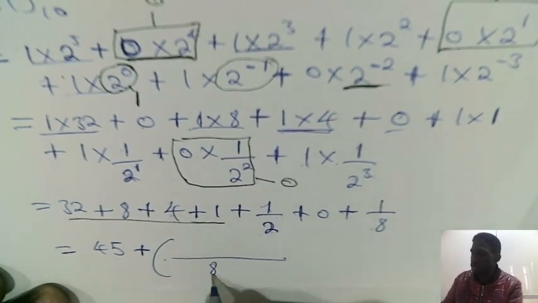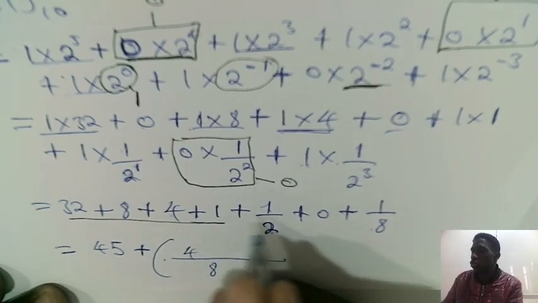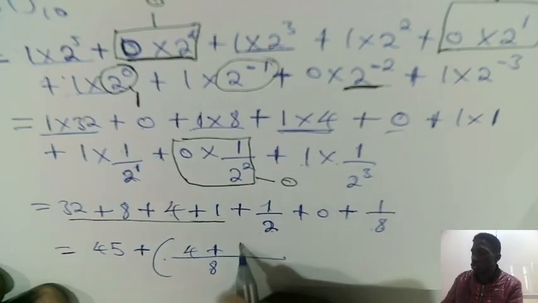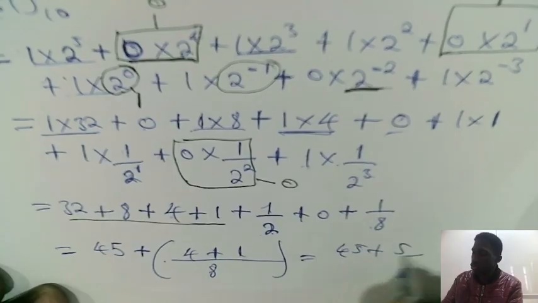The LCM here is 8, so 8 divided by 2 is 4, 4 times 1 is 4, plus 8 divided by 8 is 1, 1 times 1 is 1. So essentially we have 45 plus 5 over 8.